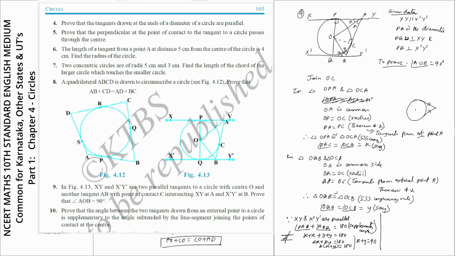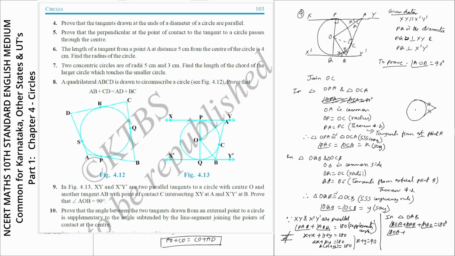Now in triangle OAB, the sum of the three angles should be equal to 180 degrees. Therefore angle BOA plus angle OAB plus angle ABO should be equal to 180 degrees. BOA is unknown, so I'll write it as it is.